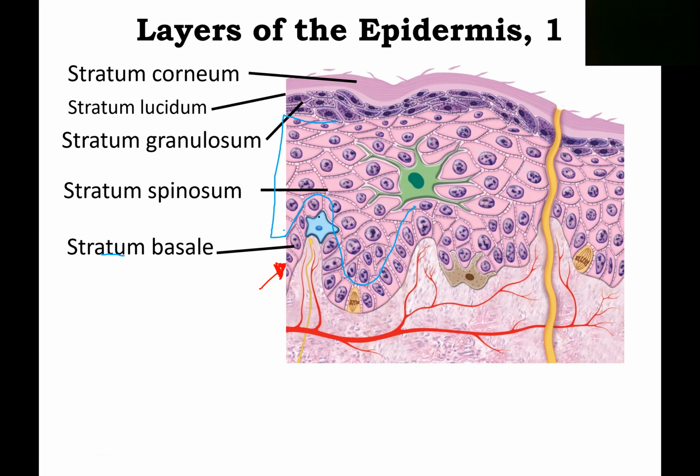It's where the cells are spreading out and maturing. Most of the keratinocytes are secreting keratin. So stratum spinosum: spreading out, maturing, lots of space needed to do that.